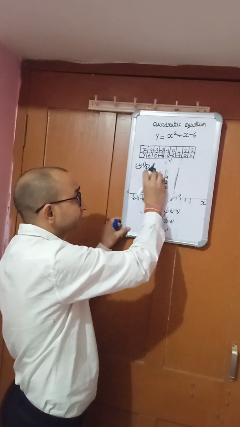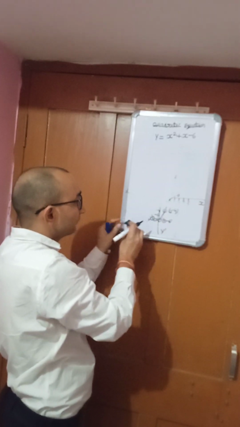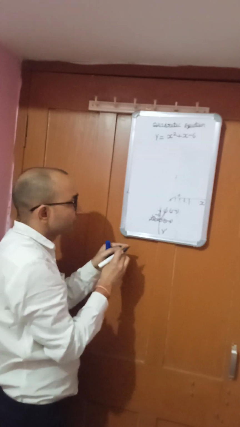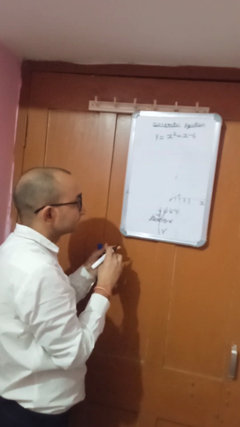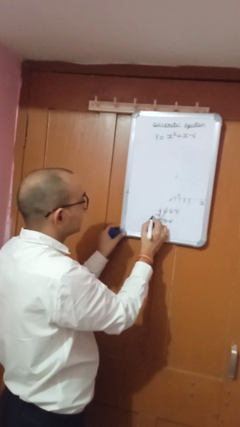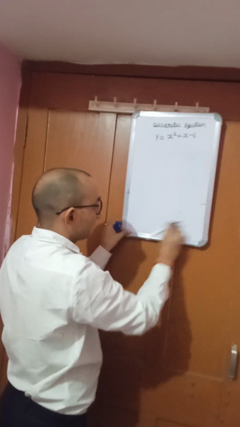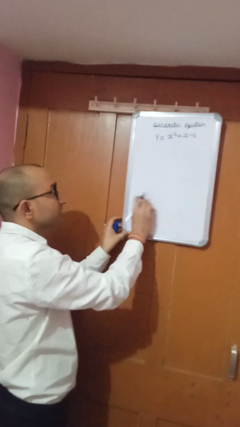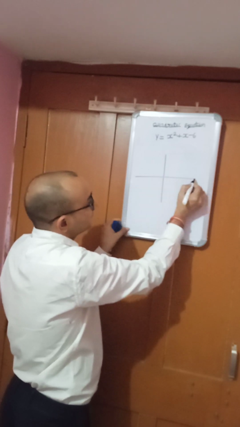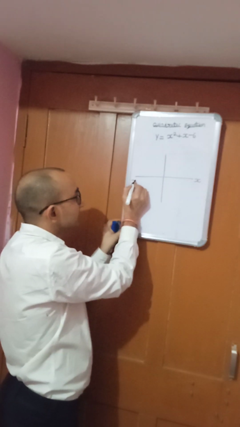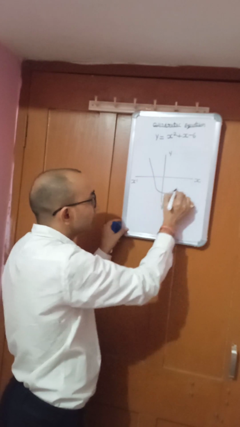One thing I want to explain here: this is x, this is x dash, this is y, this is y dash, and this is our parabola.